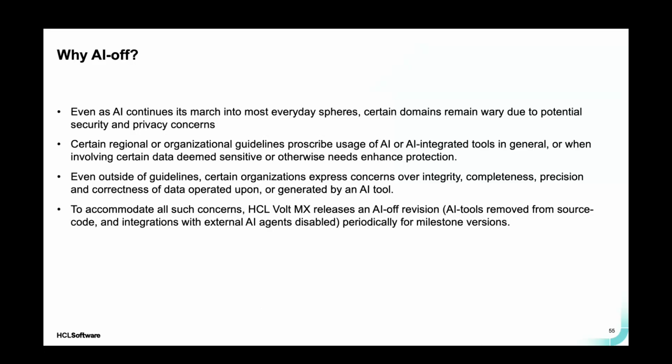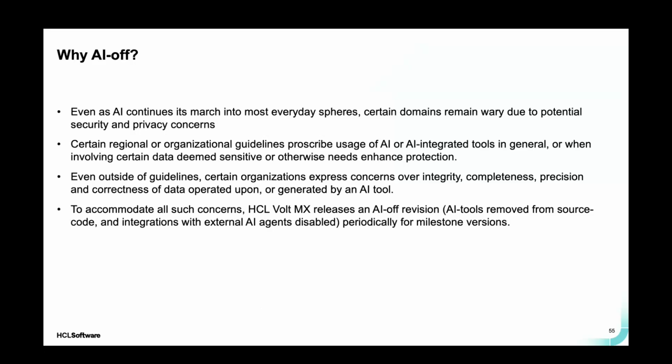There are sometimes concerns about how reliable it is, because AI is still a developing field. It's really good, but it can always get better, right? So certain industries have concerns over the integrity, completeness, precision, etc. of the output from an agent.